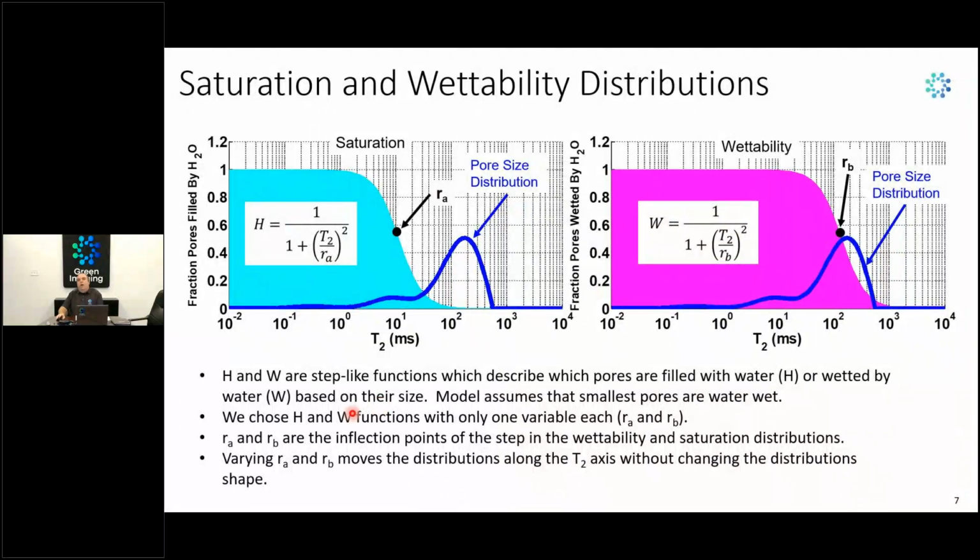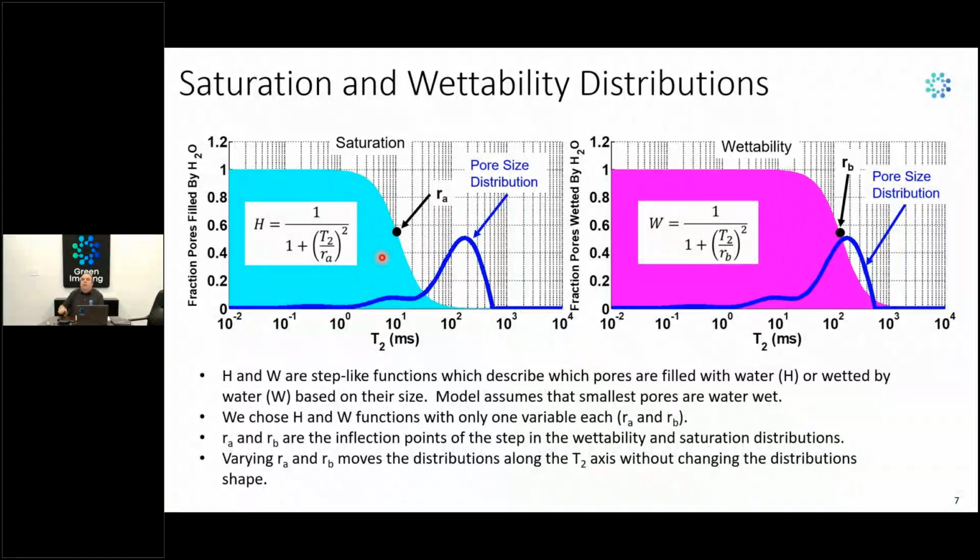We chose to use functions that look like this, and basically they're just step functions, and they only have one variable, which is RA, the position of the inflection point here, or RB for the case of wettability. So we basically can move these functions left and right on the T2 axis. We chose this function for simplicity, but of course you can make your function anything you want if you think it would serve your model better.